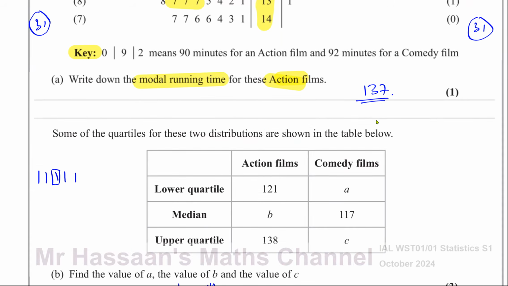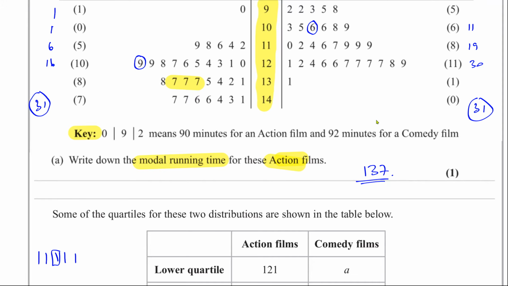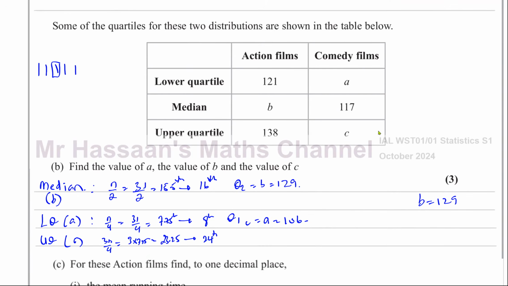We're looking for the 24th, so we have the 19th, 20th, 21st, 22nd, 23rd, 24th. So we're looking for the number 126.